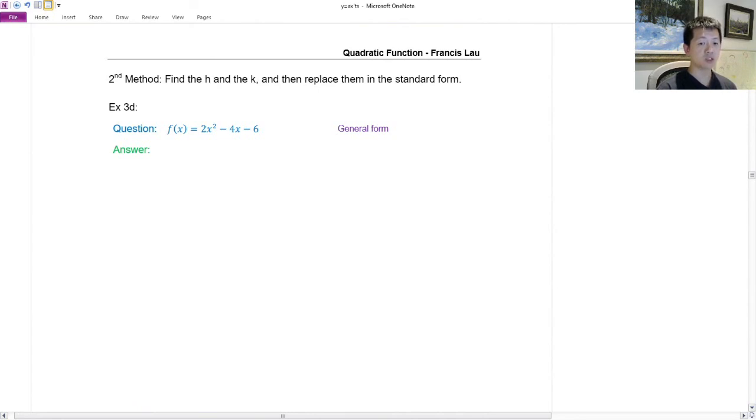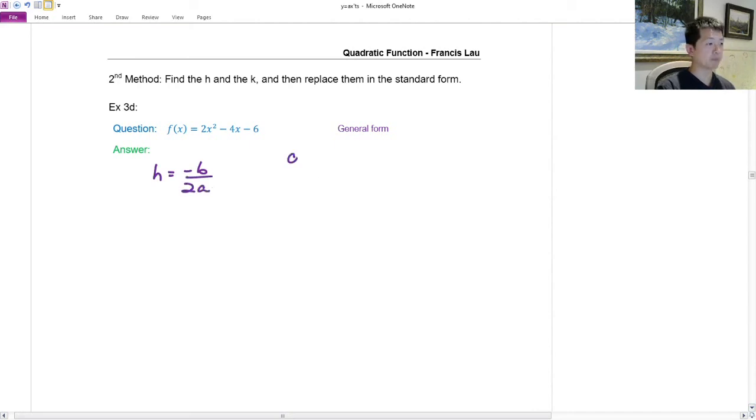Okay, so that should be using the formula. So this is more common because completing the square is actually harder to do, it's longer to do. So most students will actually still remember this formula in Sec 5 or in CEGEP, so that's actually going to be helpful. h is going to be minus b over 2a.